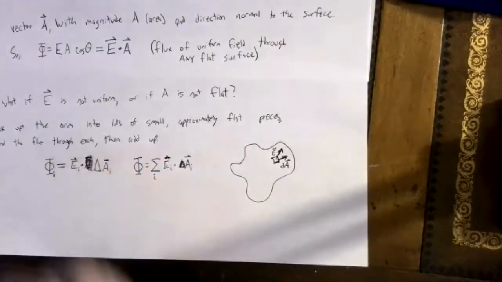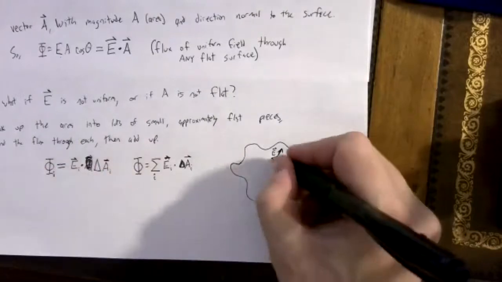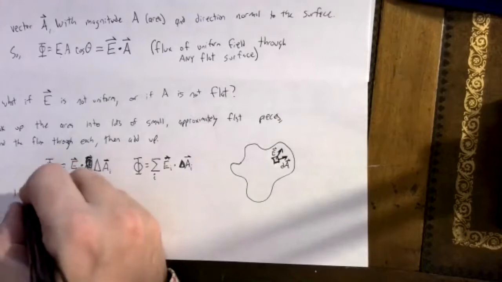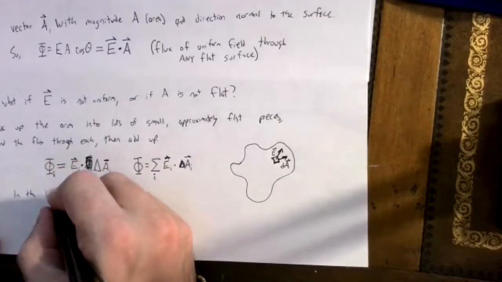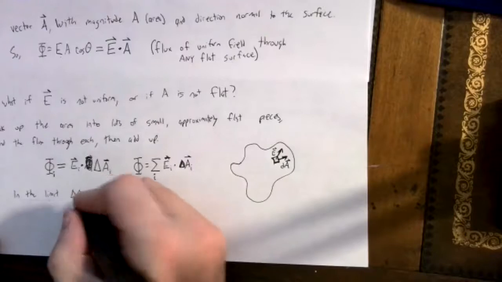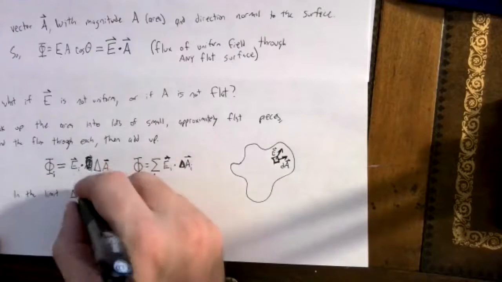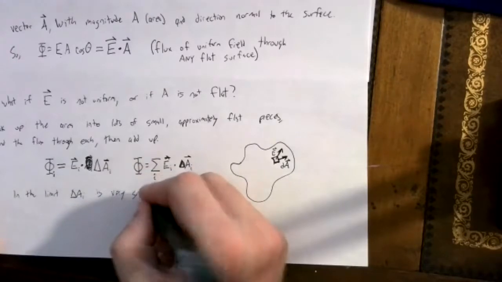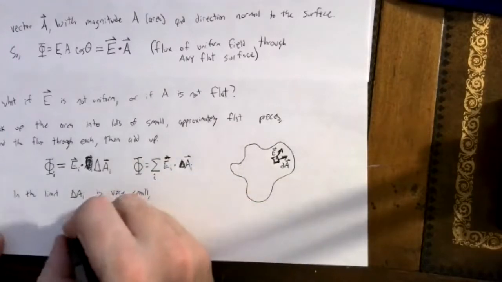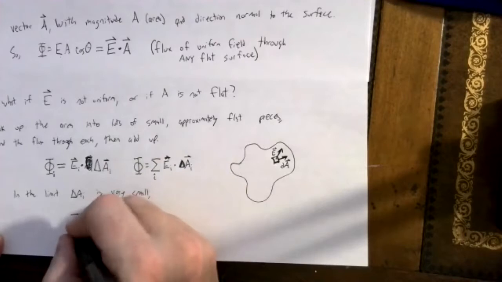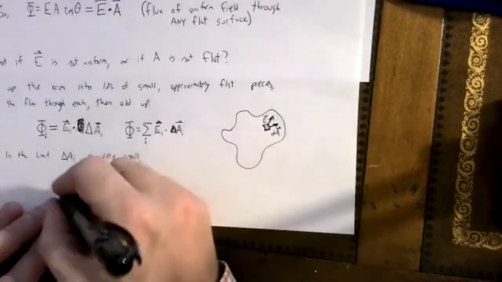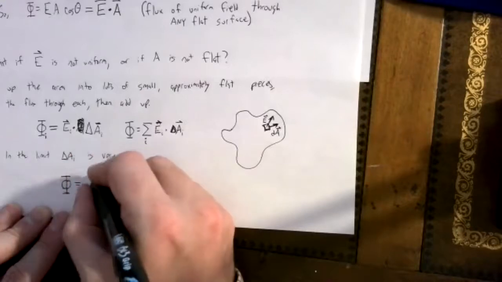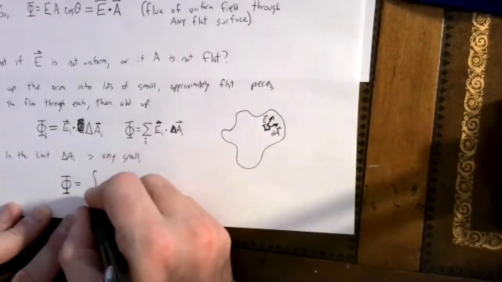Of course, we get to an integral when we take the limit of very small, when we make these pieces infinitesimally small. So in the limit, as delta A is very small, this will be our last equation for today. The general formula for the electric flux is an integral over the surface.